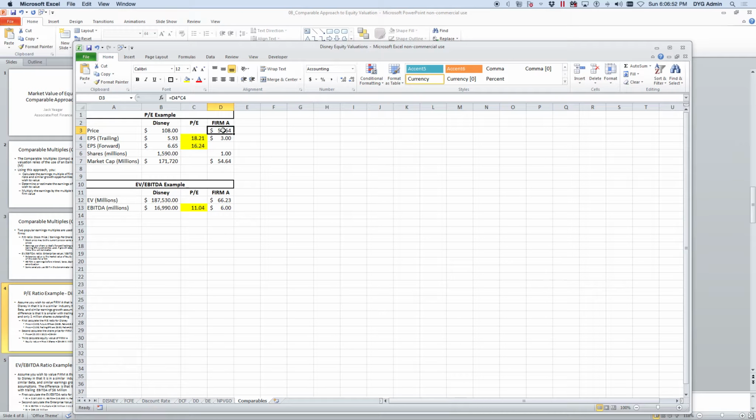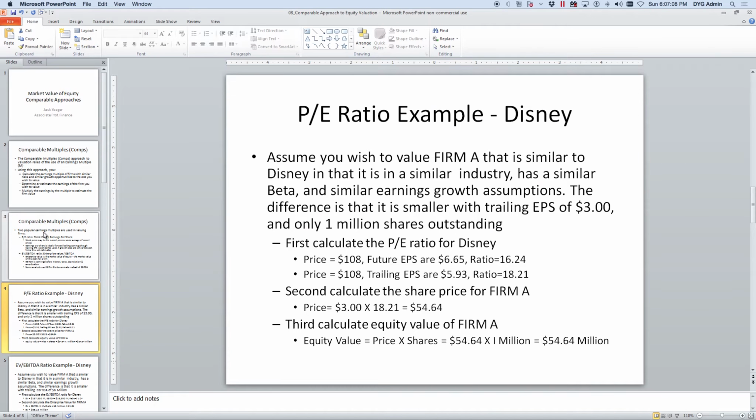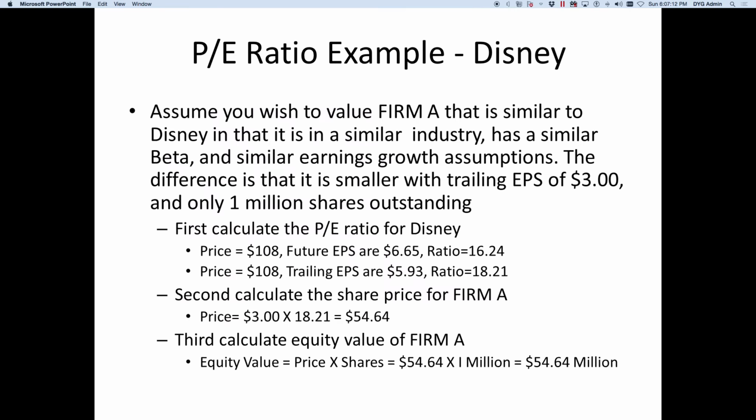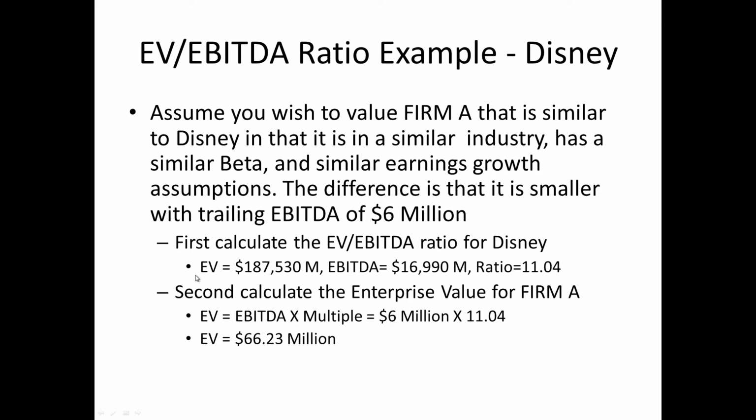Now, if you wanted, instead of the share price, the full equity value, you then multiply it by the number of shares. We have 1 million shares outstanding, and so for us that's $54,640,000, and that becomes the value of the equity of the firm. So all that's spelled out over here for you again, but should line up to that.